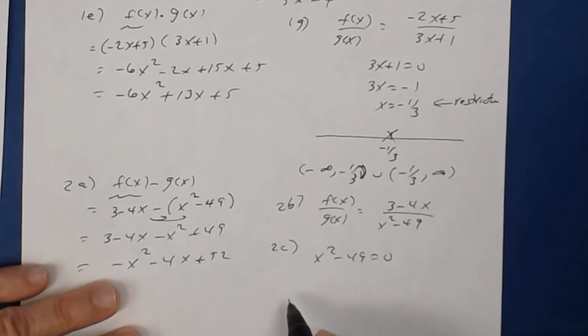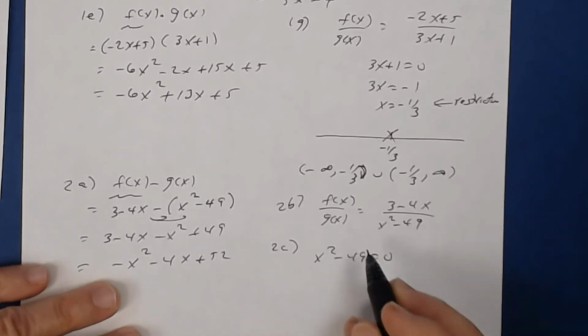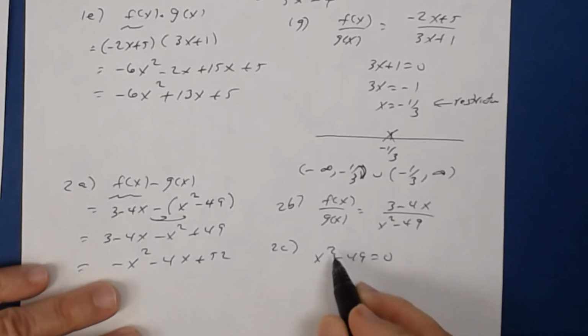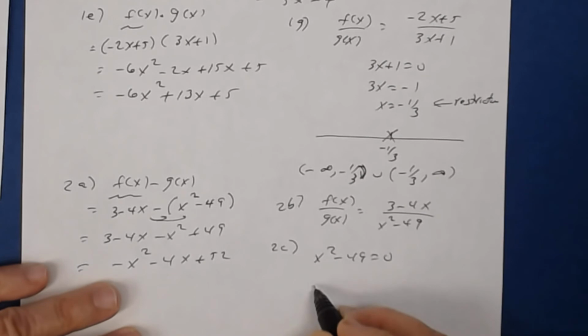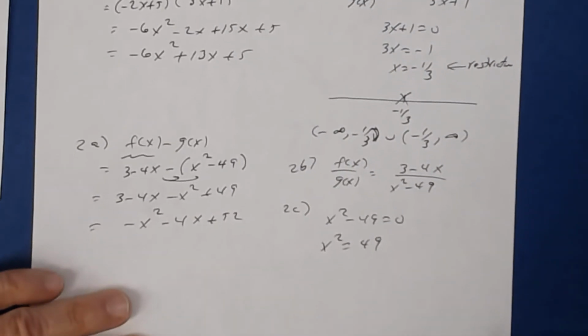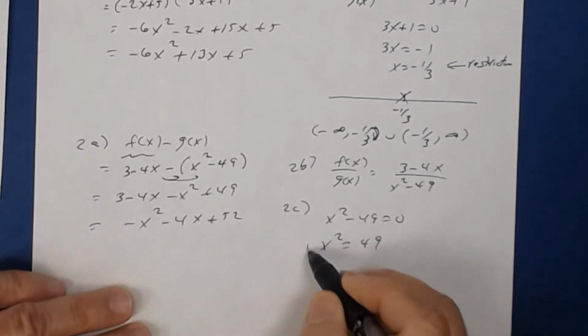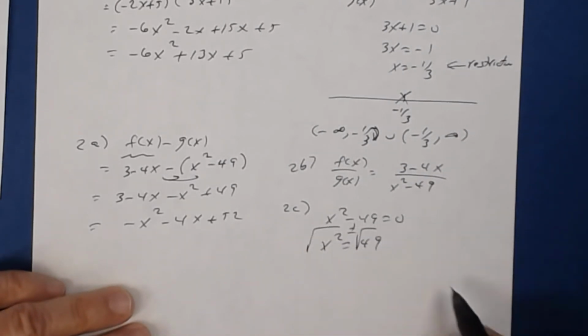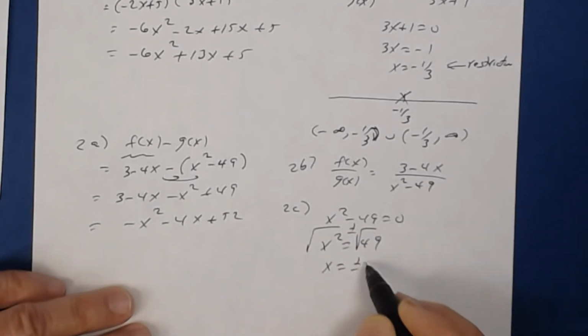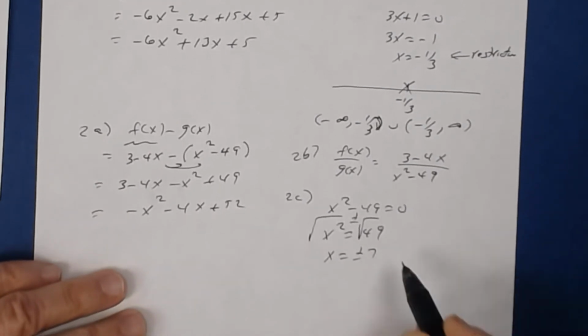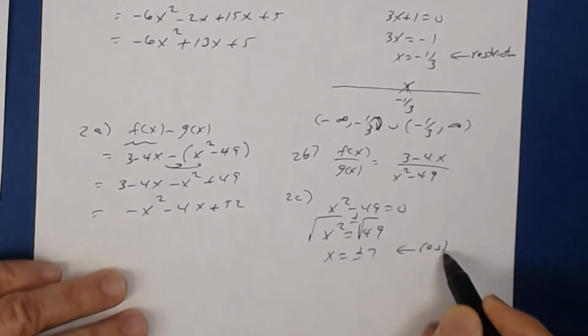This is the difference of two squares, so I can factor. Or, since there's no linear term, just an x squared, I can use the square root property if I bring -49 to the other side and then take the square root of both sides. I get plus or minus. I get x equals plus or minus 7. So those are your restrictions.